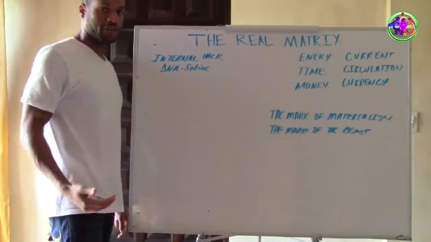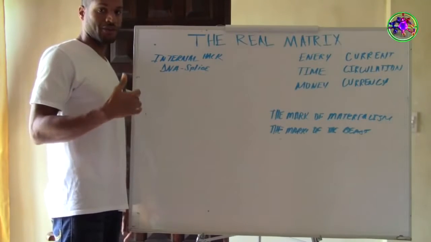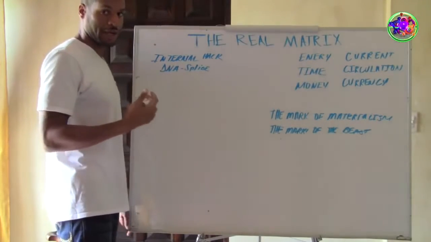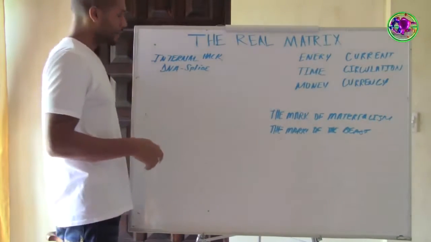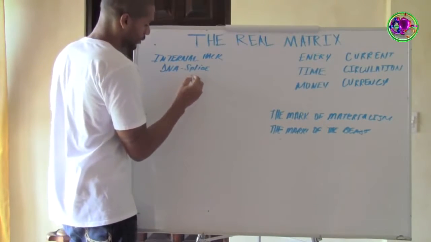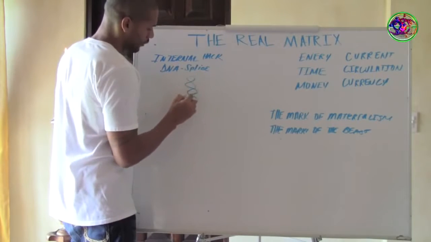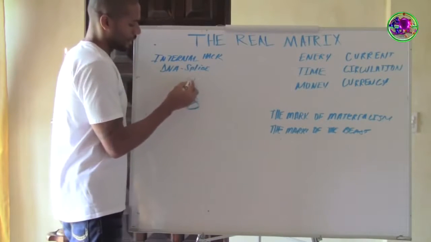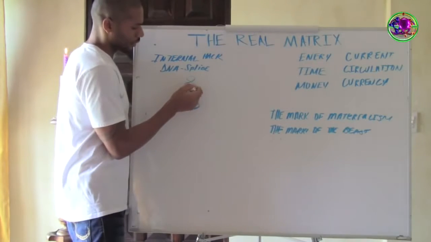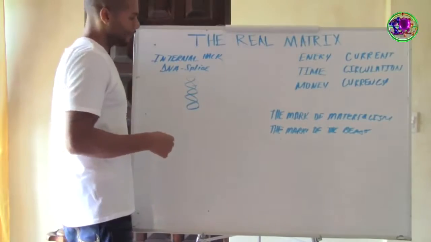So we talked about the external hack being the addition of the R complex into the cranial structure or the brain of the human body. And the internal hack is obviously the splice that's often talked about in the DNA. And this splice being somewhere in the 33rd chromosome, that there's an insertion into the DNA.